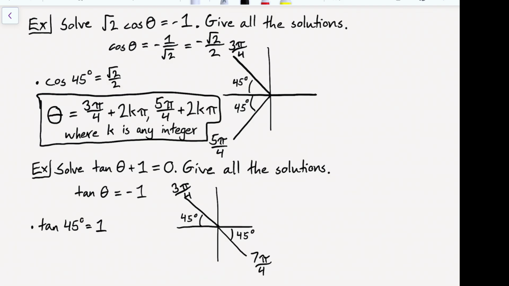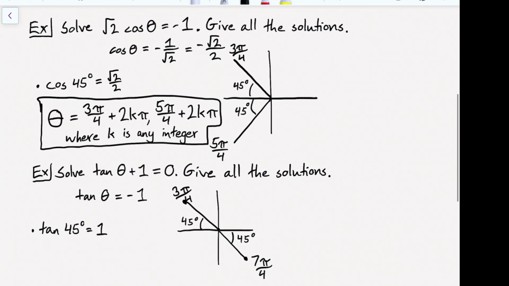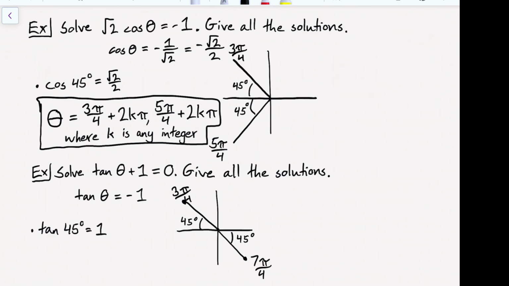Now one thing that we will notice here is for tangent, the period repeats every pi units. So I could simplify this answer by noting that they are exactly pi units apart from one another on the unit circle, and every time I advance or subtract another multiple of pi units, I will be back at one of these two terminal points.